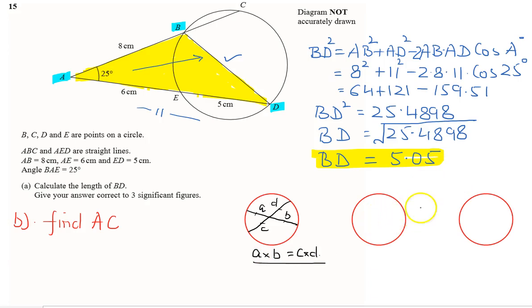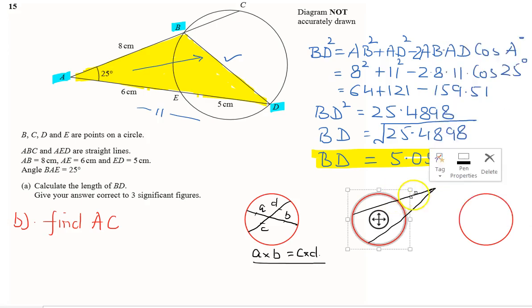If the point of intersection is outside, if this is one chord and this is another chord, a secant intersecting externally, not inside, then take the outer point to the point touching the circle, this distance, and another one is touching here.